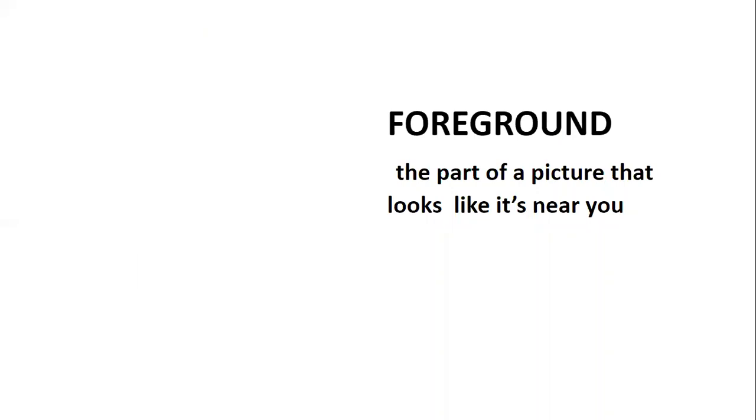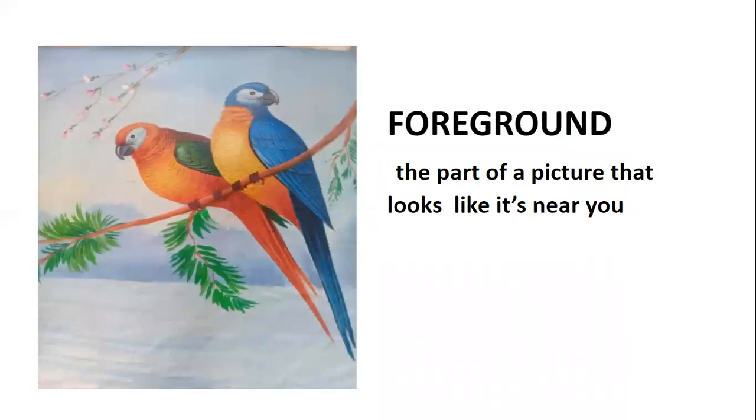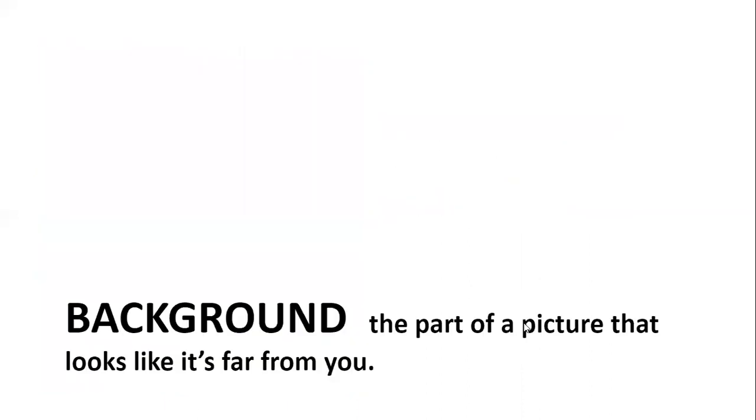How about foreground? Foreground. The part of a picture that looks like it's near you. Example, these parrots look like they are near you. So this we call the foreground. If we have a foreground, of course, we have a background. What is a background?